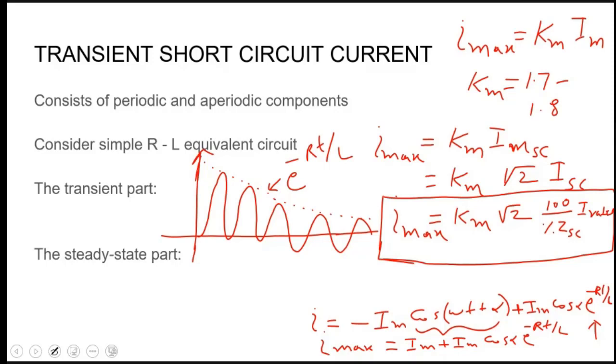Now, after this, we have to go for calculation of mechanical forces, right? Now, how do I calculate?